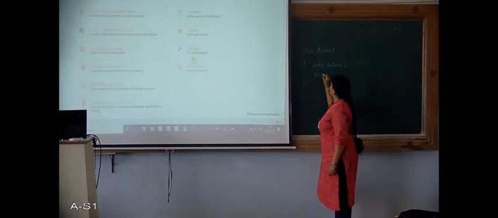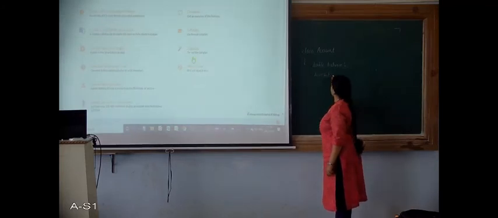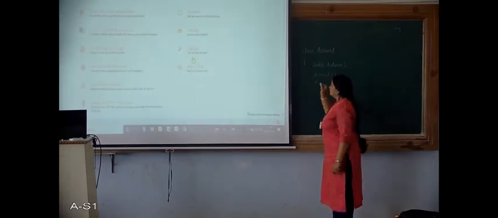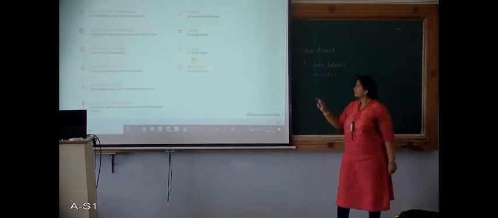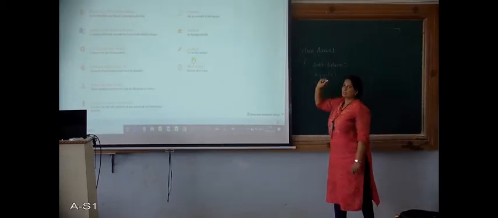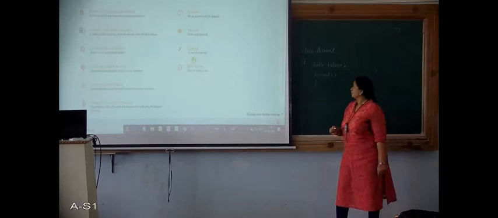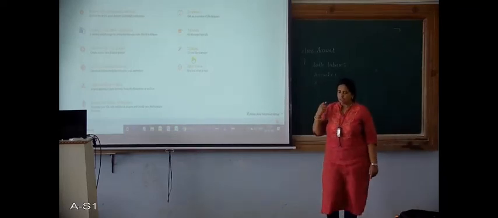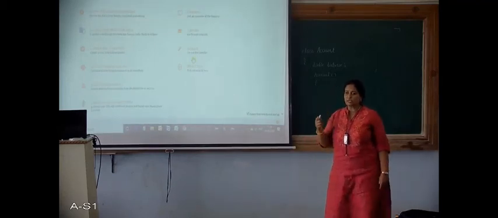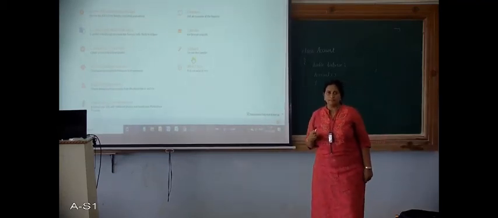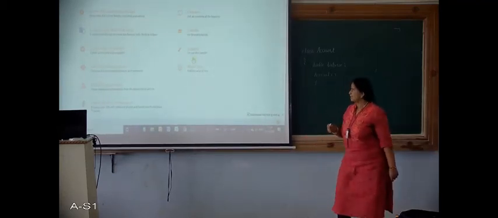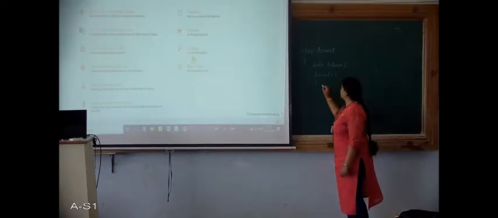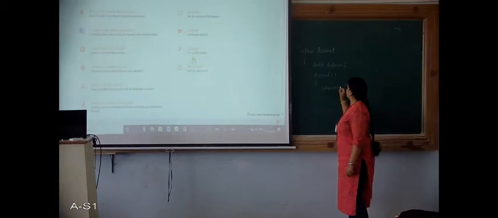We know that a constructor is a special function which will have the same name as that of the class, correct? And constructors are executed automatically the moment any instance of the class is created, correct? That is the reason I am writing this balance equals to 500, this particular statement over here.